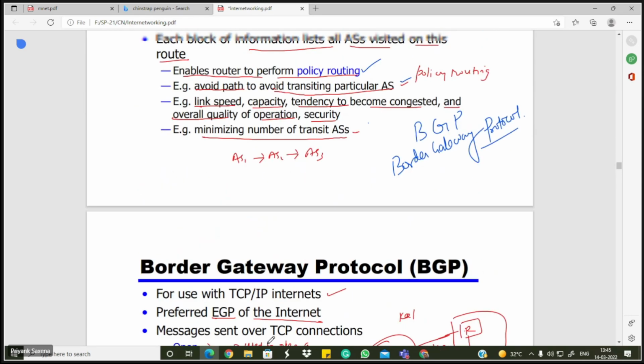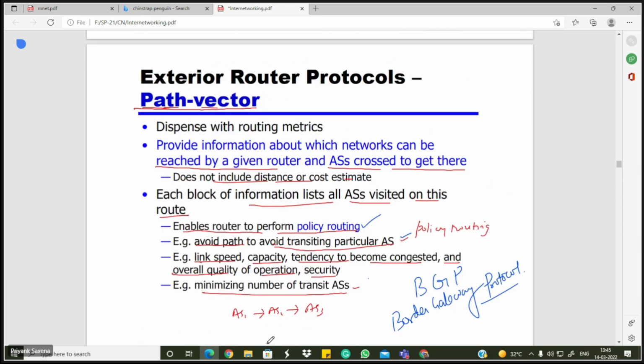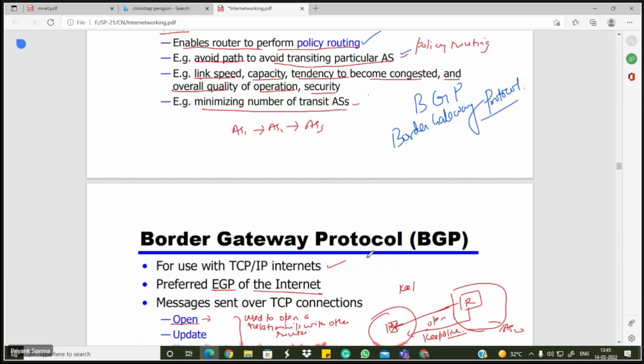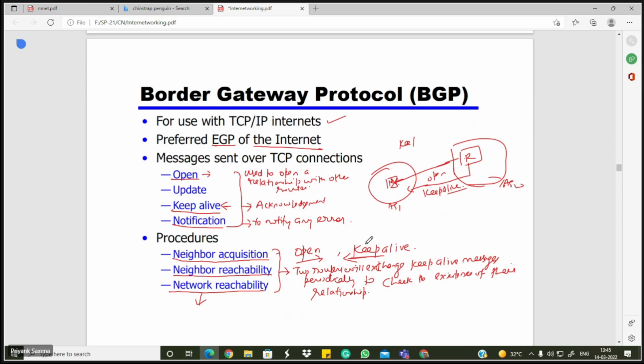So the protocol based on this exterior routing, path vector routing, is BGP. So BGP also works in the form of messages. There are three procedures: neighbor acquisition, neighbor reachability, network reachability, and there are four messages, right?